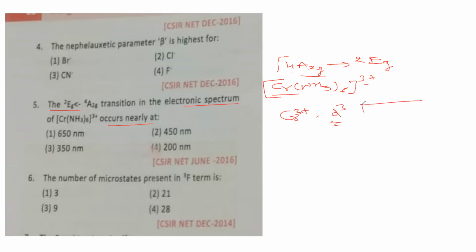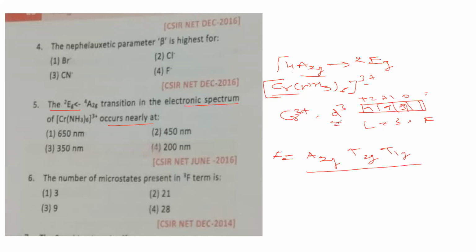D3 configuration means +3, +2, +1 and 0, so capital L value is 3. It means it is an F term. And F term is split into 3 terms, degenerate levels like A2G, then T2G, then T1G. Okay, so the ground state is A2G.